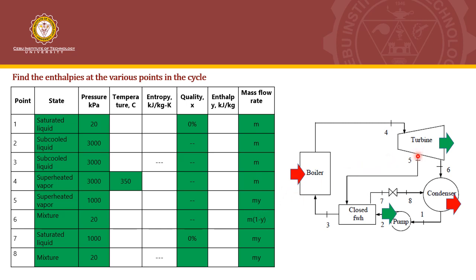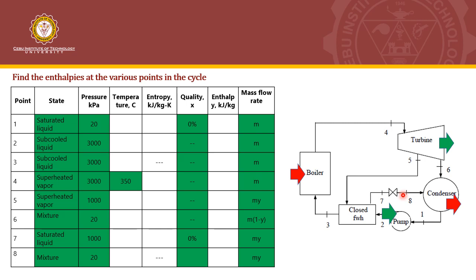This point 5 will flow through the closed feed water heater without mixing with point 2. Basically, point 5 will just enter the closed feed water heater and will leave at point 7 as the same mass. So point 5, point 7, and point 8 are just the same.